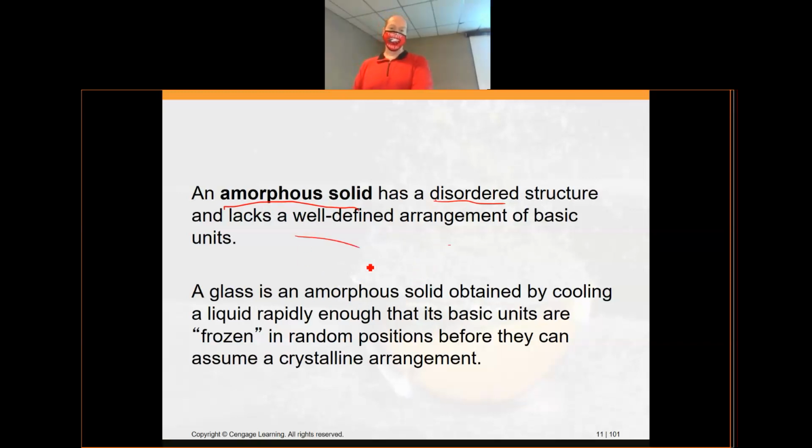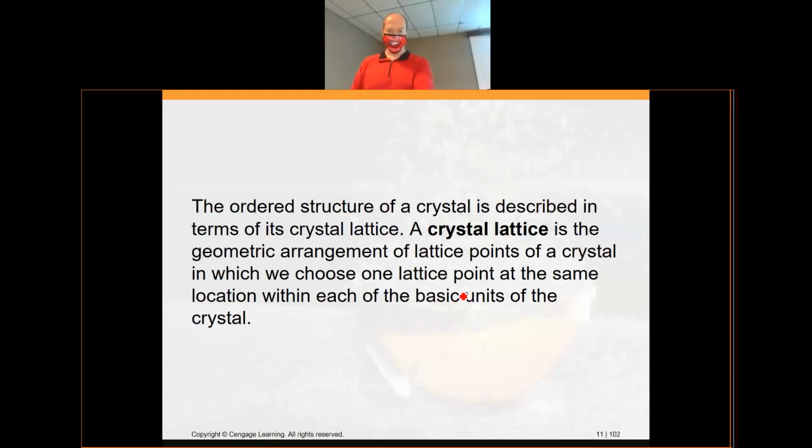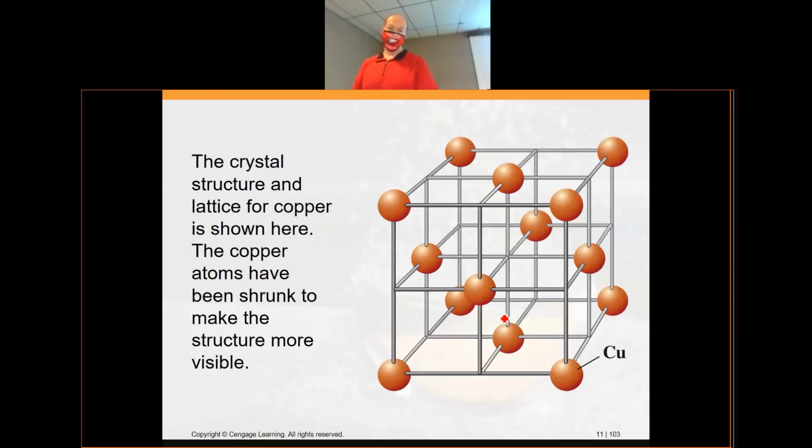So glass is an amorphous solid, does not have a well-defined 3-dimensional structure. All right, so then we're going to talk about a crystal lattice. All right, so here is copper. Now, when we do a crystal lattice, we're going to only talk about cubic crystal lattices.